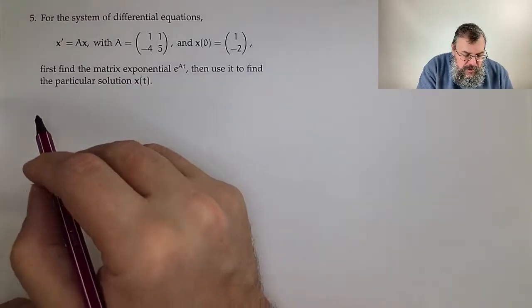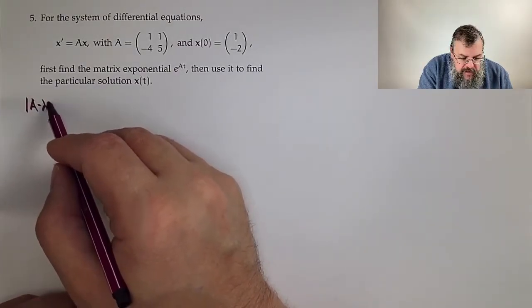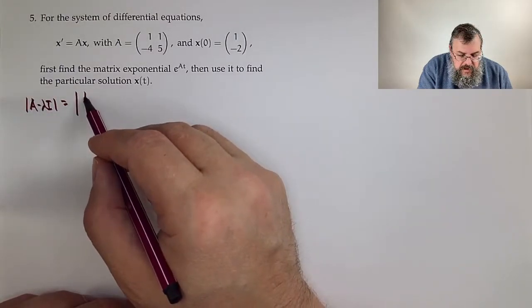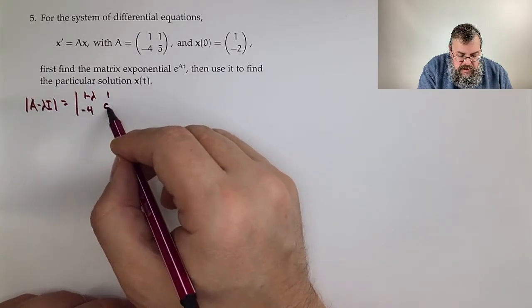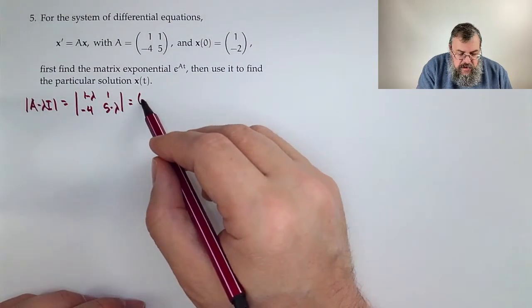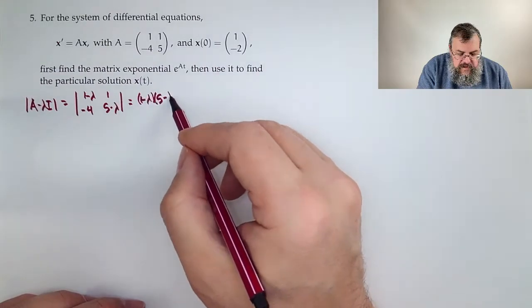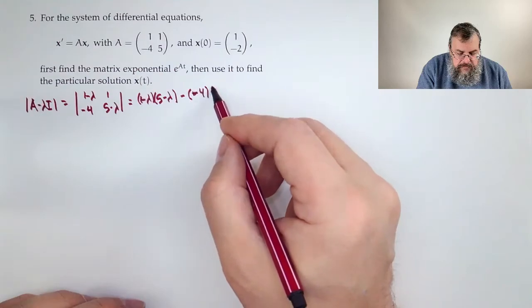Okay, so we have, again, determinant of A minus lambda I. So we're looking at the determinant of [1 minus lambda, 1; -4, 5 minus lambda]. That would be 1 minus lambda times 5 minus lambda, subtract negative 4 times 1.